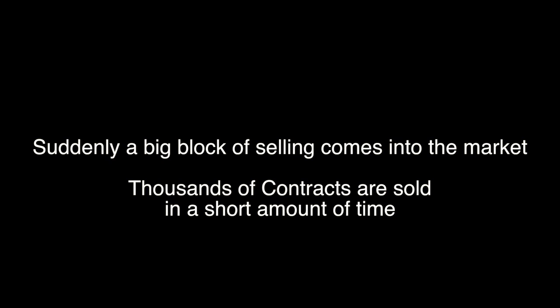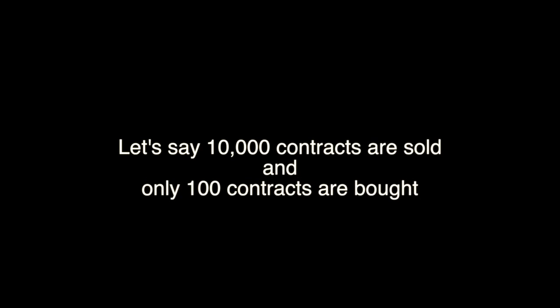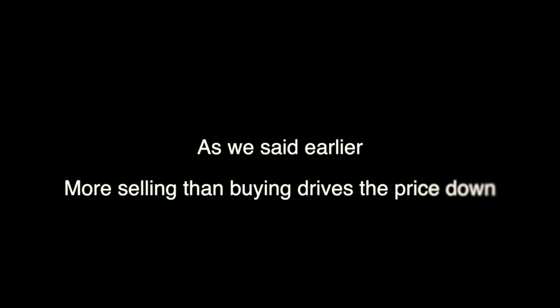Let's say we're looking at the EUR/USD pair. Suddenly a huge amount of selling comes into the market. Thousands of contracts are sold, and on the other hand, a small amount is bought. Let's say 10,000 contracts are sold and 100 contracts are bought. As I said earlier, more selling than buying drives the price down.